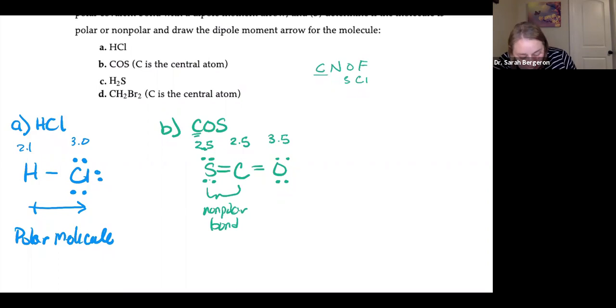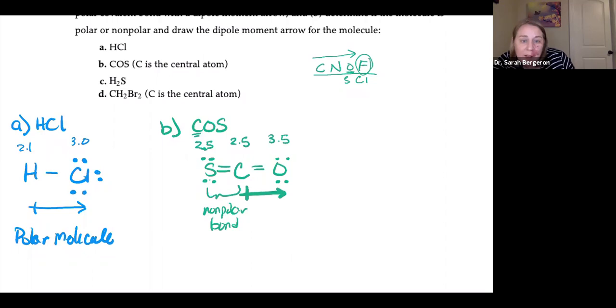Carbon and oxygen are in the same row. And I know going this way increases my electronegativity because fluorine's my most electronegative atom. So even without a table with all these electronegativity values, you can tell me that oxygen is more electronegative than carbon because it's closer to fluorine, okay? So then I would draw my arrow, and I want my arrow to point at my more electronegative element.